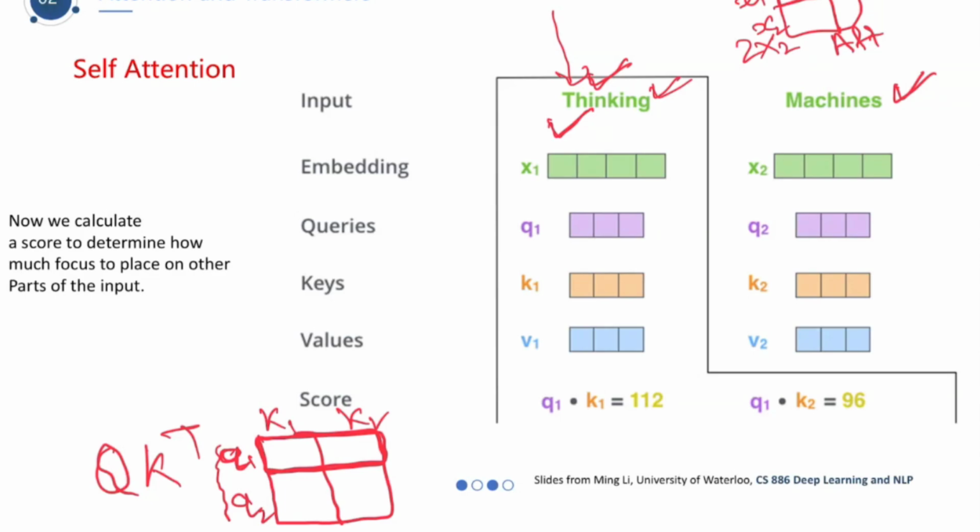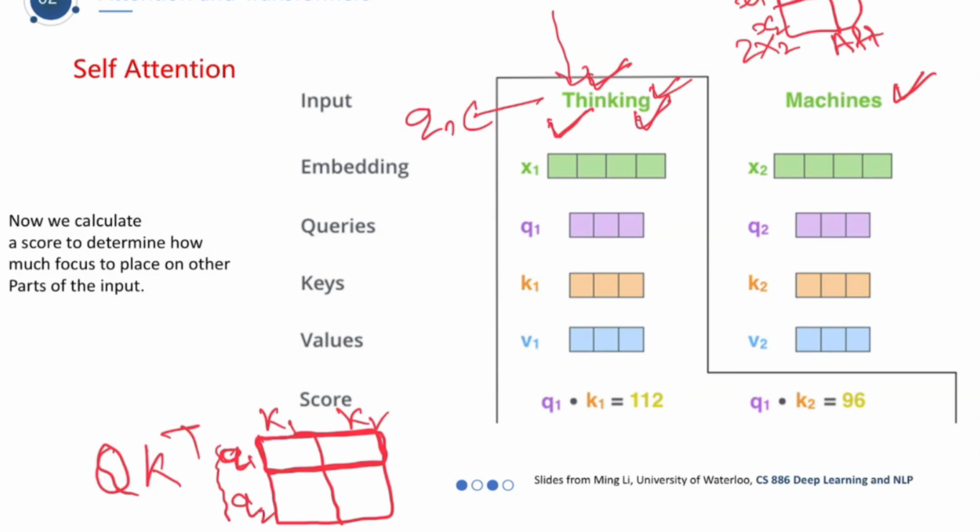And with the help of that, it will get the attention values. So I'll say, hey, I have Q1 here for the thinking. That is the query. And I'm going to ask this from the keys. Every key will be multiplied with the query, and that will give you the attention value. So if I want to refine the first word, I'll take the query of the first word, that is Q1 in this case.